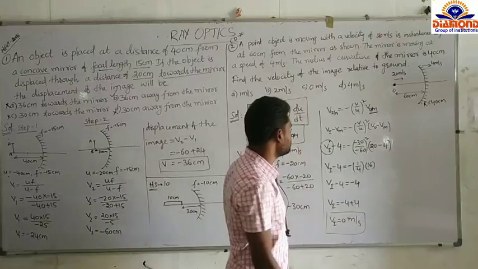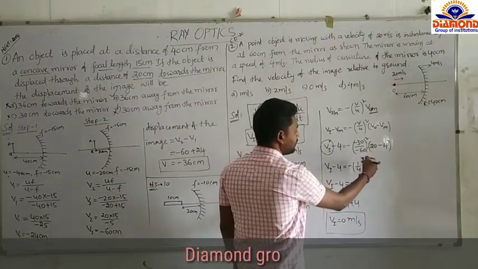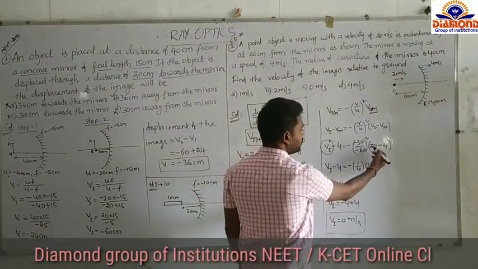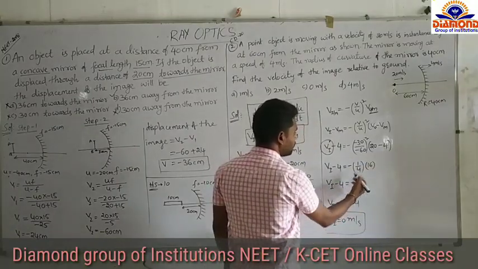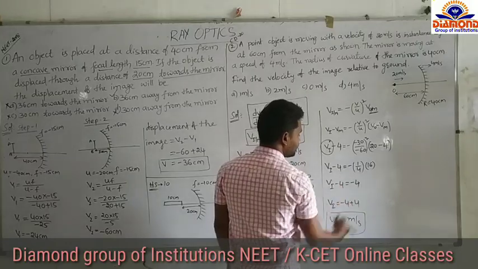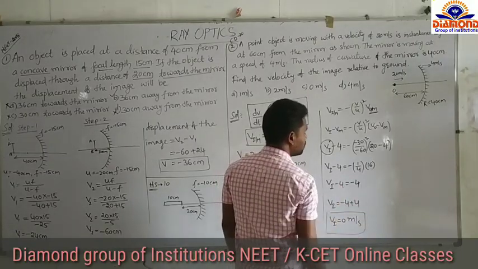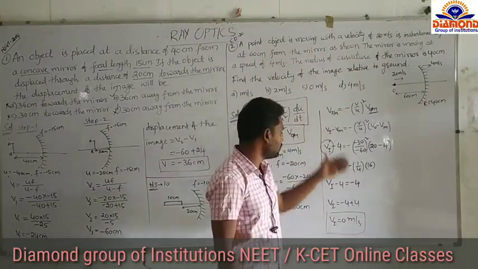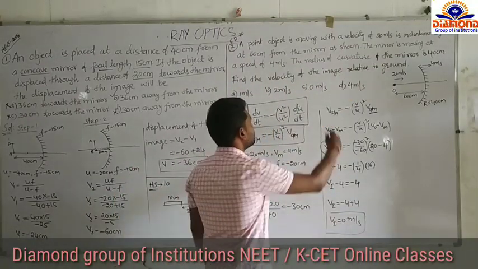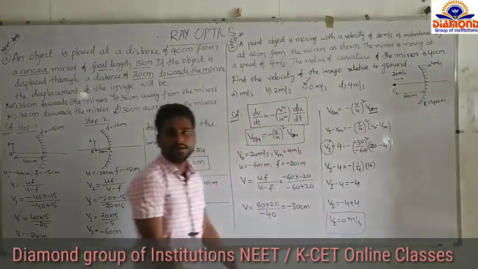I substituted the values here. Simplify it. Here 30 and 60, (1 by 2) whole squared is 1 by 4. 20 minus 4 is 16. Now simplify it. We will get vi minus 4 equals minus 4. The minus 4 on that side becomes plus 4, and vi equals 0 meter per second. So with the velocity of the image relative to the ground equal to 0 meter per second, option C is the right option.